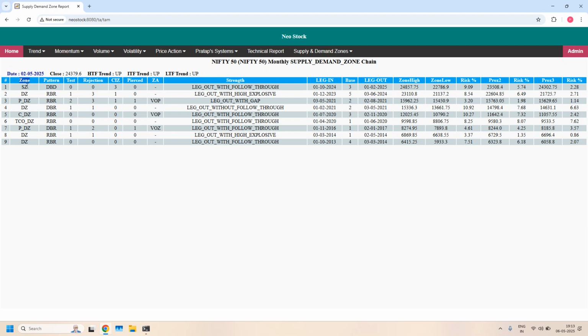Look into the zone column to find the high liquidity zones, and pierced column to find the pierced zones, and also look into the LTF trend to find the trend of the current time frame you have selected. Apply the same rules to the remaining reports, and also don't forget to pause the video when you are moving from one report to another report, because I am giving you only few seconds time.